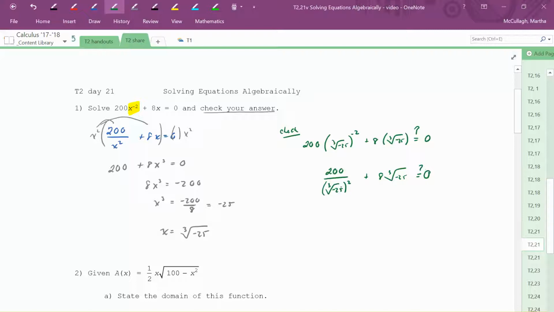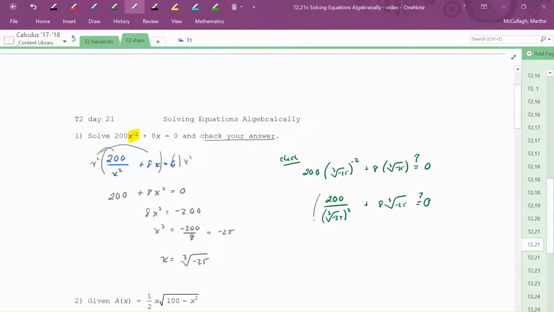Well, it's going to be easier to add these two terms together if I can get a common denominator. And it'd be easier to have a common denominator if I didn't have this radical. So we're going to go back to that Algebra 2 skill of simplifying or rationalizing a denominator. I'm going to multiply by 1 in a form that's going to help.